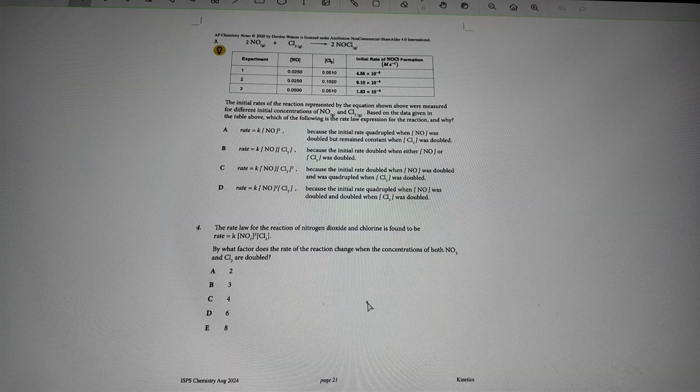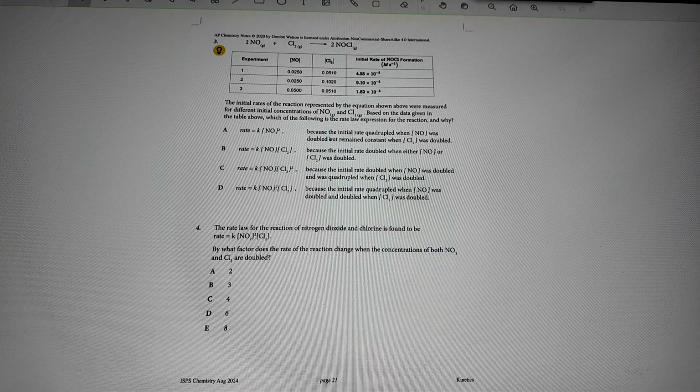Okay, this looks familiar. 2NO plus Cl2 equals 2NOCl. Laptop's dying. What can I do?